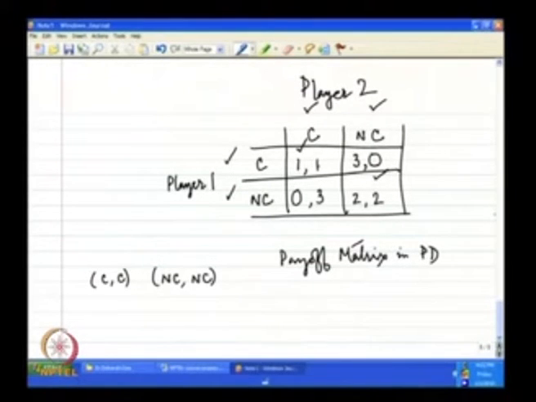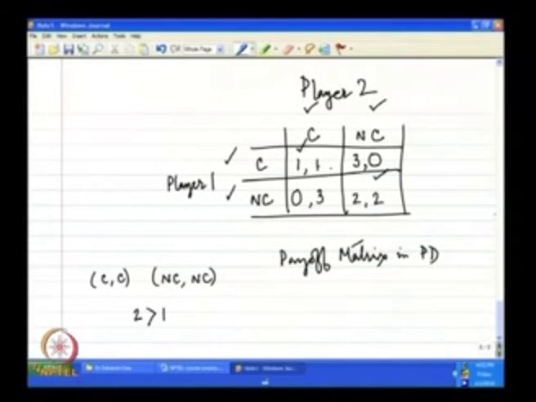I find that it is better for both of them to not confess. If neither of them confesses, then they are getting 2, which is greater than 1. And by the theory of rational choice, both of them will like this outcome NCNC to the outcome CC.